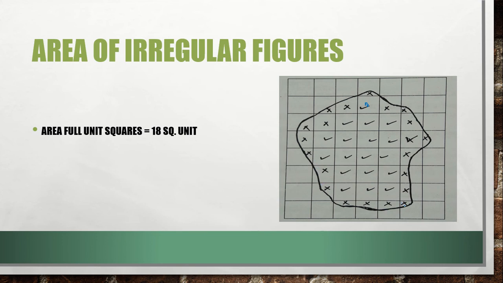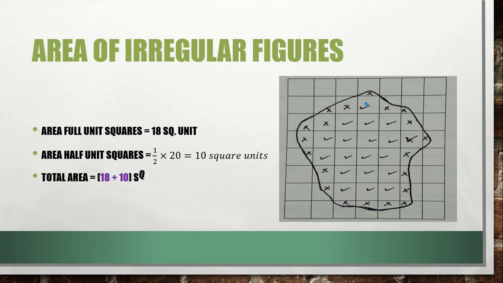Others are very small. All of them are approximated to half. So basically, coming to the half unit squares, I find that there are 20. If I multiply that, I'll get the total area of those particular squares as 10 square units. Then sum the two up, and you'll find that the total area of this particular irregular figure is approximated to 28 square units. And that's basically what counting technique entails.